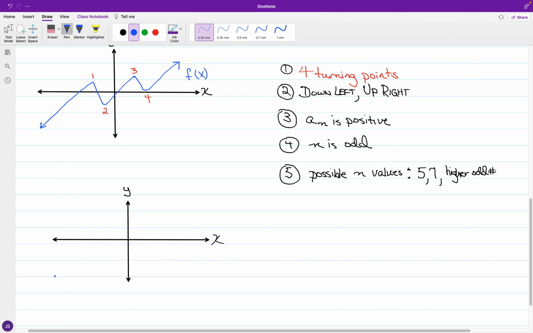And we'll say we have sort of creating a bit of a wave pattern.